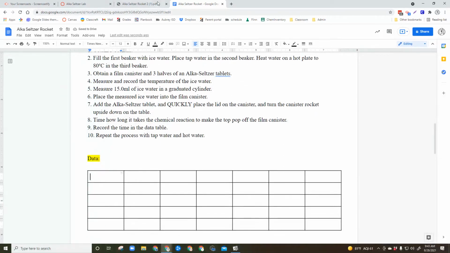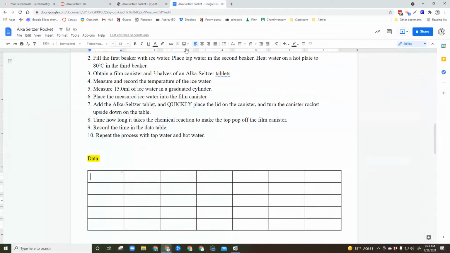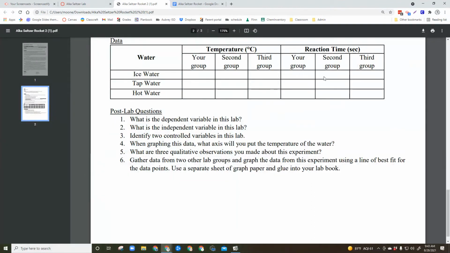Okay. All right. And so let's start from the bottom and work your way up because it looks like these are nice columns and rows here at the bottom. So hot, tap, and ice go in the first. So hot water. And tap water just means it comes out of the faucet, out of the tap. Or you could say room temperature water, it doesn't matter. Ice water, okay? And then, so we have these 3 that are blank here because that's where you're going to add your data in. And so up here is going to be your group, second group, third group.